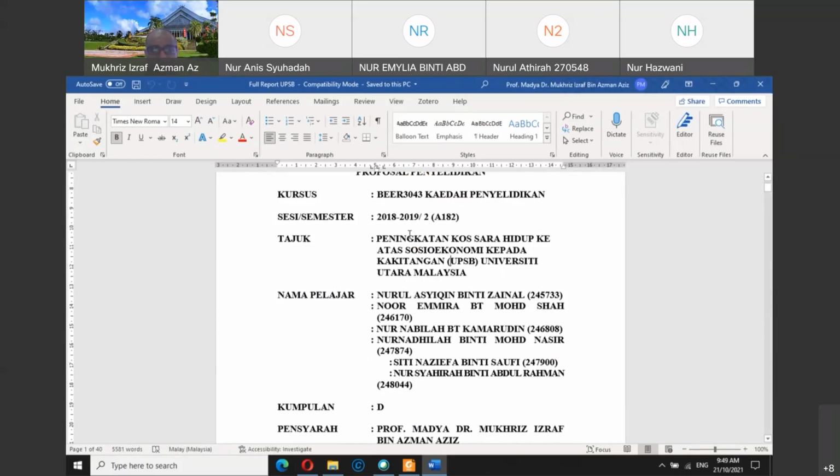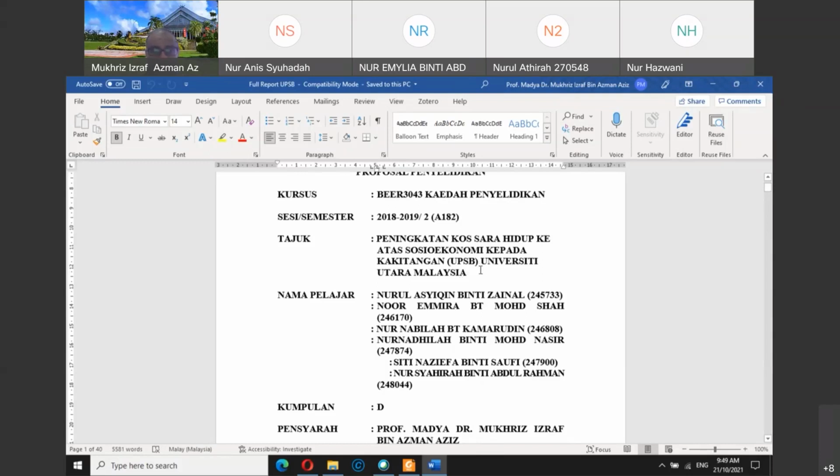So the respondents are supposed to be the UPSB support staff. They want to know the impact of the increase in the cost of living on the UPSB staff, because they earn a small amount of income. They are in the B40, the bottom 40 income group.